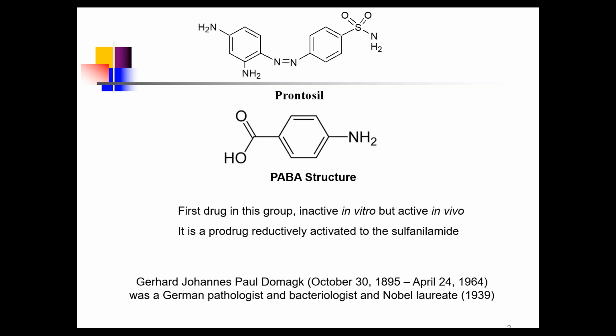And then from this prontosil, a large number of other sulfonamides were synthesized or discovered, and they have good antibacterial activity and are widely used in different types of infections, right from urinary tract infections to cerebral toxoplasmosis.